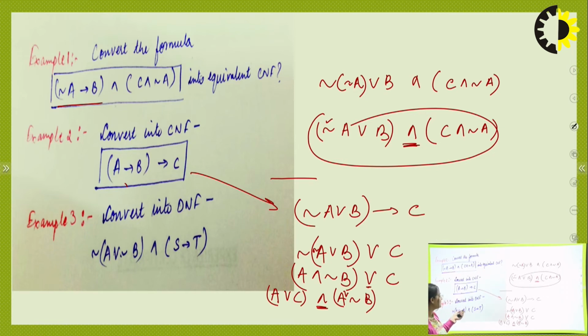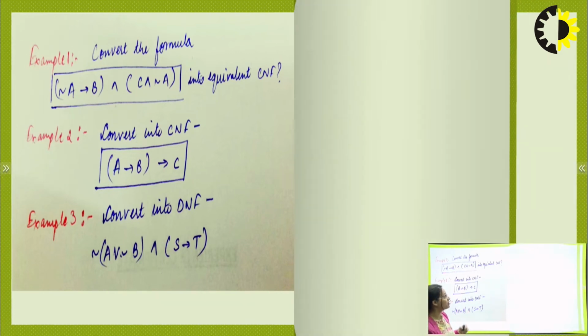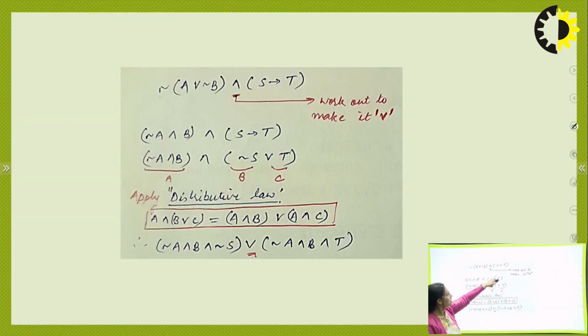Now this is converting into DNF, which means I have to take care of the middle connector. My goal is to resolve it to get the OR operator in between. My priority is to work out this part first. Then resolving this simply means De Morgan's law is applied. Similarly, after applying De Morgan's law, this will be achieved.